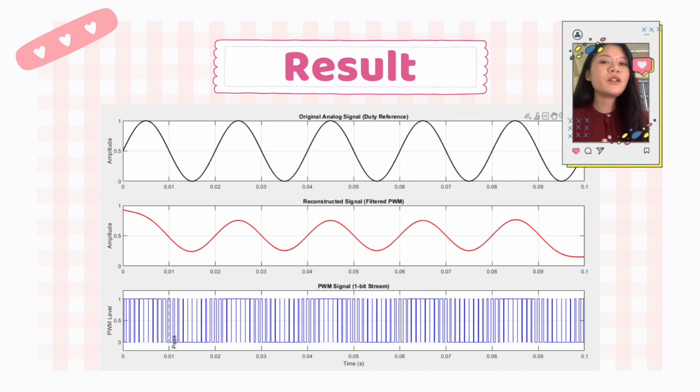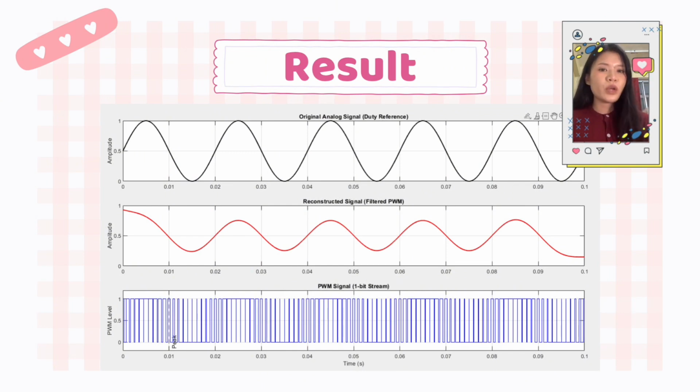This signal represents our target motor speed over time. In other words, what the motor should do. And then for plot 2, reconstructed signal, filtered PWM. Here we apply a low-pass filter to the PWM signal to reconstruct the analog waveform. It closely follows the original control signal. This shows that the PWM technique successfully controls the average motor speed.